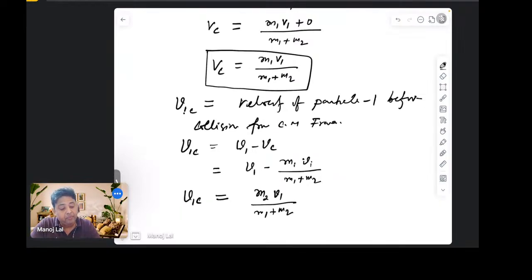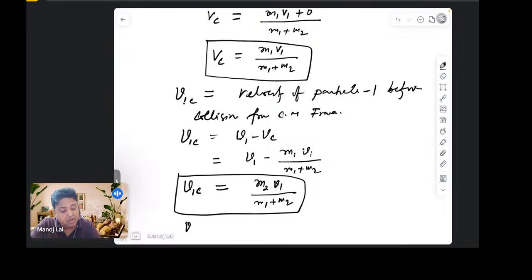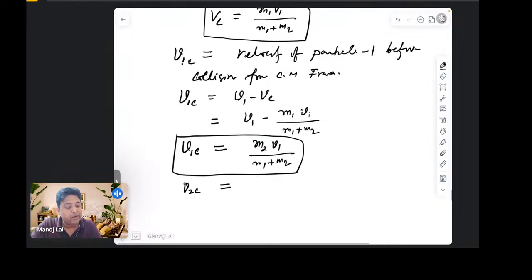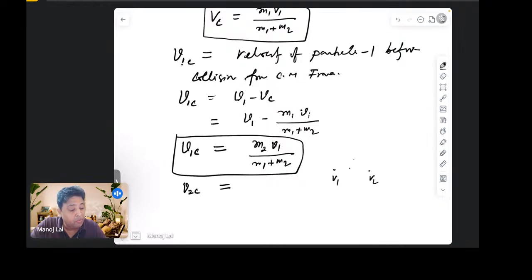And what is the velocity of particle 2 in the center of mass frame? V2C. I hope you understand this thing. This is v1, this is v2, this is the velocity of center of mass, and this is v1 dash, this is v2 dash.